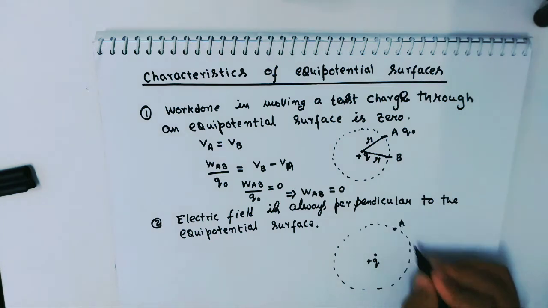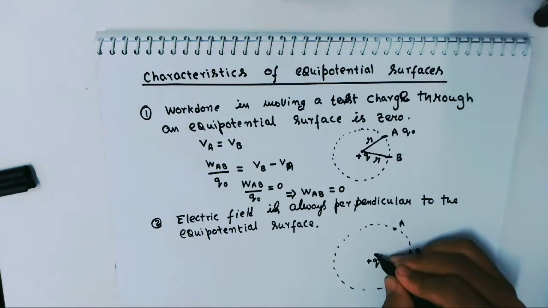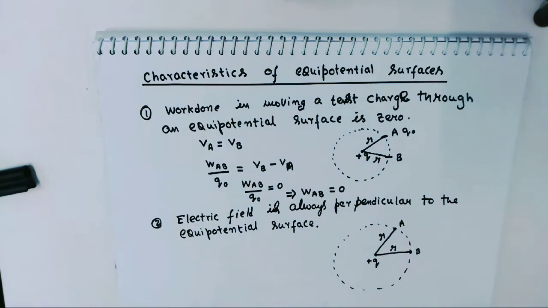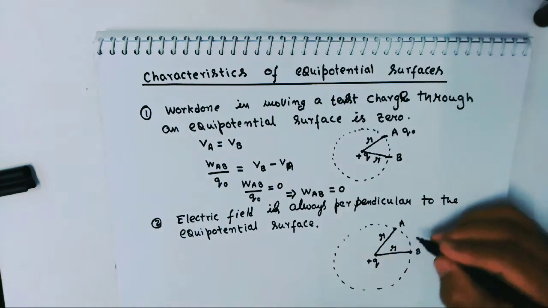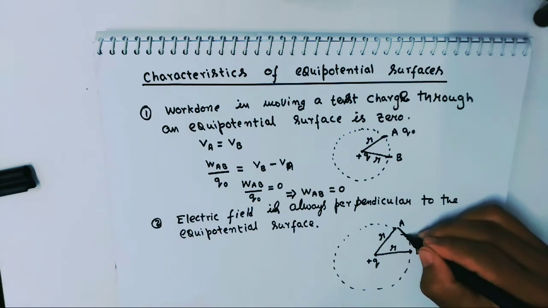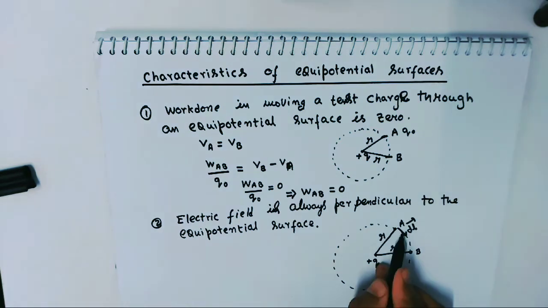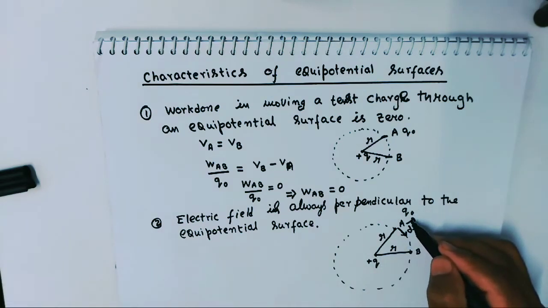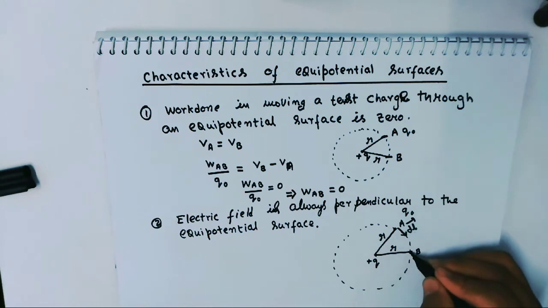If we mark this one as A and this one as B, this one is R and this one is also R. And now suppose we move this charge from A to B, say dl is the distance through which a charge q naught is moved. Since this is a charge, q naught will experience a force at any point on the path.